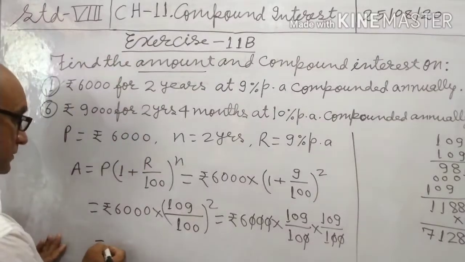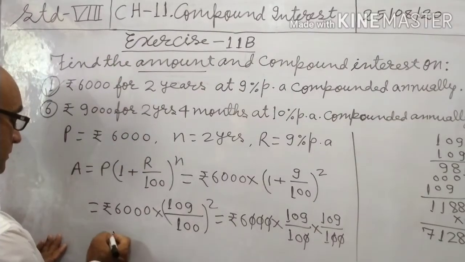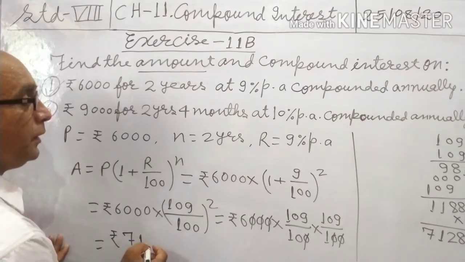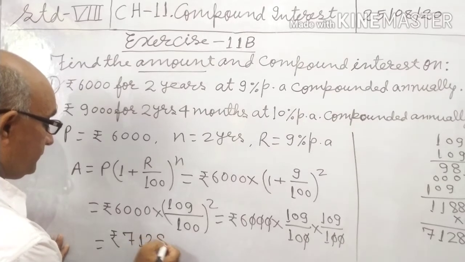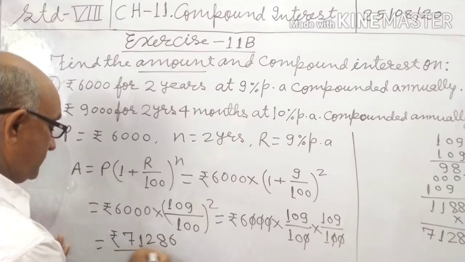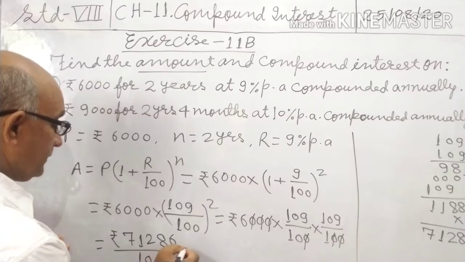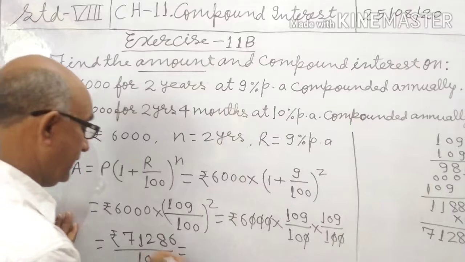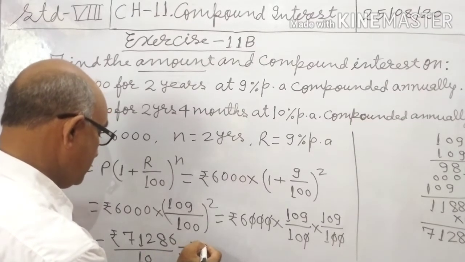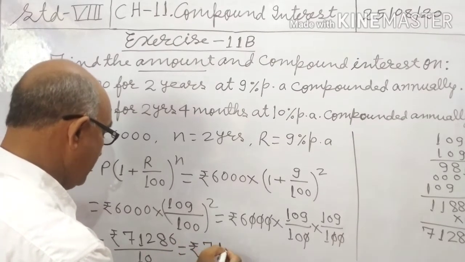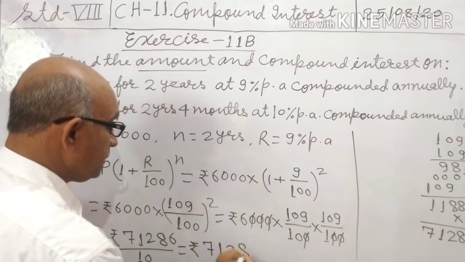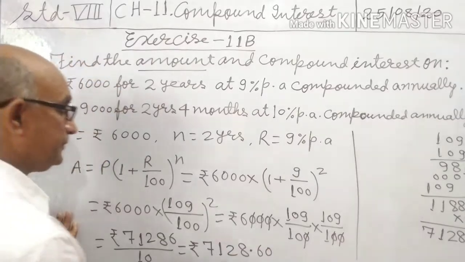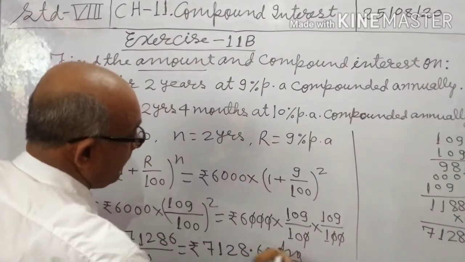So it is rupees 71286 by 10, that is 71,286 divided by 10 equal to 7,128.60. This is the amount.